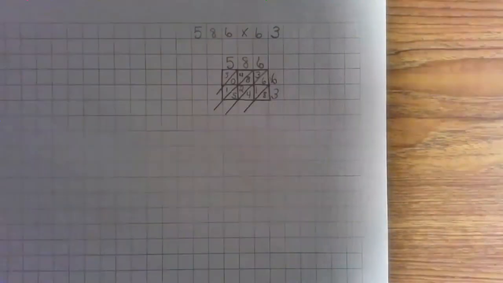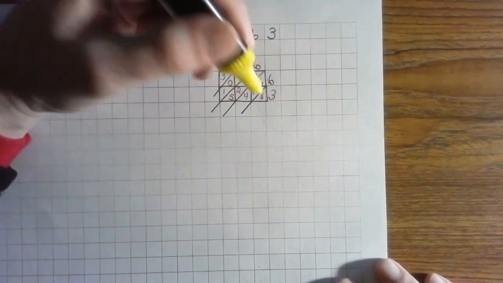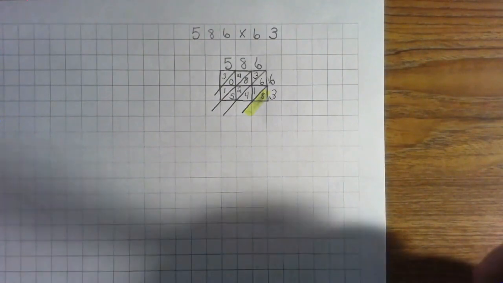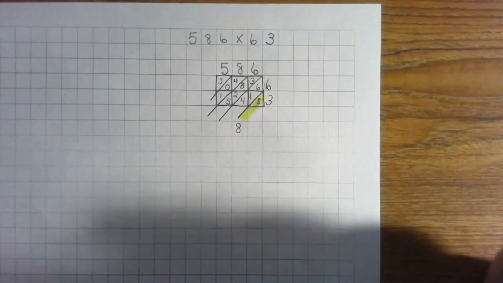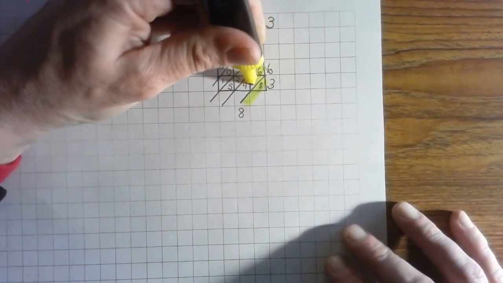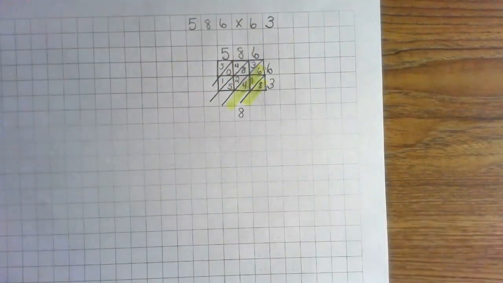Now, I am going to be adding down the slides. So the first one is right there. 8. There's nothing to add to it, so it stays an 8. 6 plus 1 plus 4.